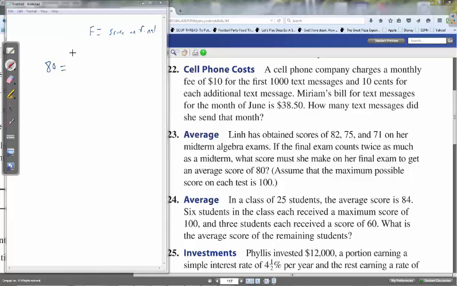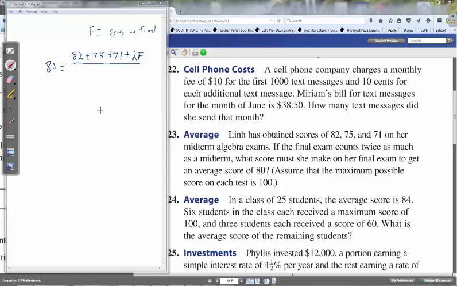So 80 equals, we're averaging 82, 75, 71. Now how do I account for the idea, and I have to average the final as well, because it's one of the tests. Now how do I account for the idea that the final exam counts twice as much? Well, I'm just going to count it for 2 exams.